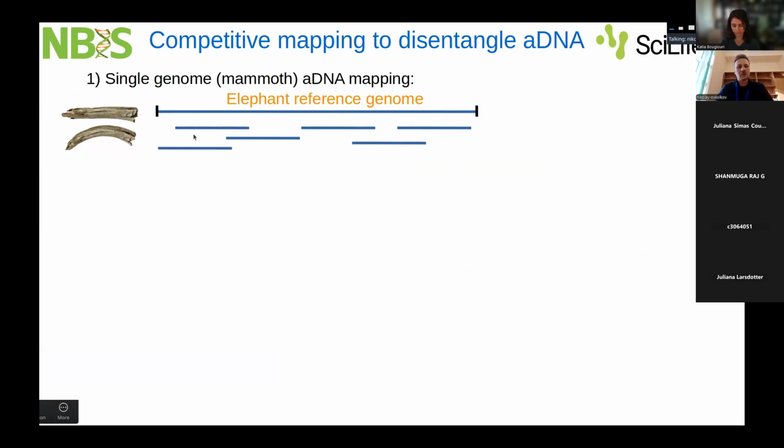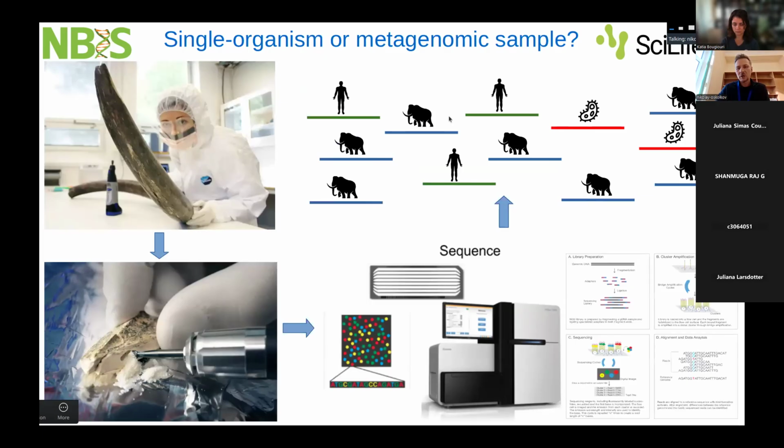You take the reads from the mammoth tusk and you align them to an elephant reference genome as a proxy for the mammoth reference. But if you want to be a little bit more open-minded, you assume that not all of these reads might be mammoth reads. Some of them can originate from humans, as we just suggested on the previous slide.